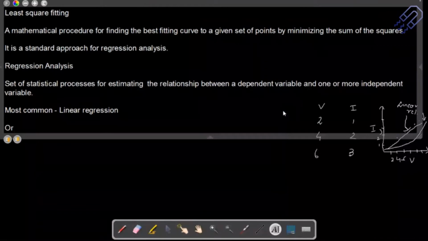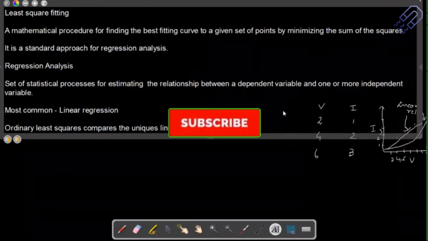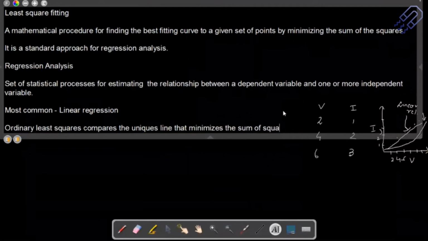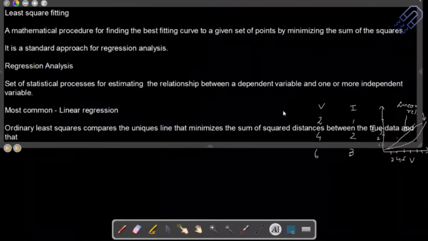So ordinary least square compares the unique line that minimizes the sum of squared distances between the true data and that line.